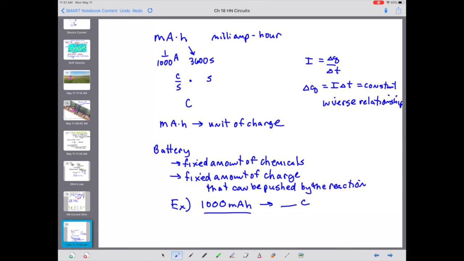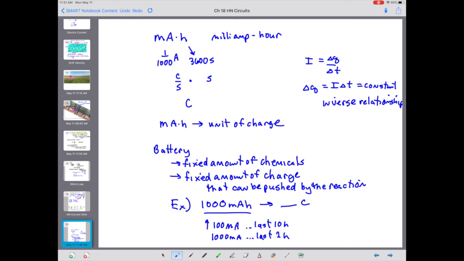So on our 1,000 milliamp hour battery, I might be able to have 100 milliamps running, and that's going to last for 10 hours. Or maybe I have 1,000 milliamps running. Well, then my battery is only going to last for 1 hour.